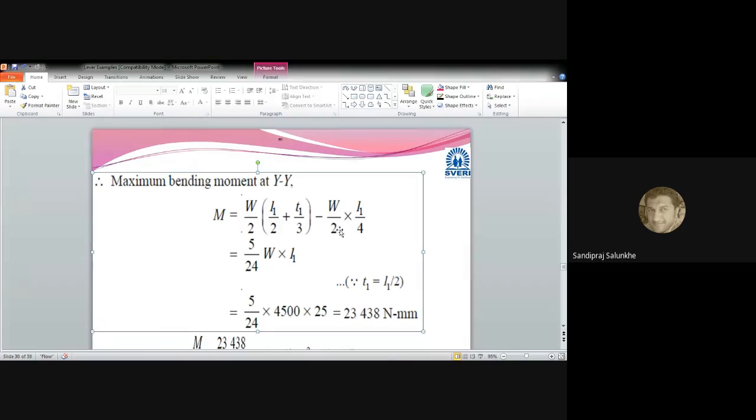Because here it is 8, and here we have to again make it L1 by 2, it will become 6. So we are just going to take the common denominator, and that will be 24, because here it is 8 and here it is 6.